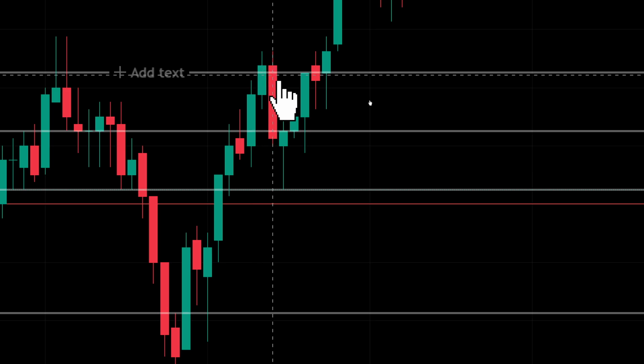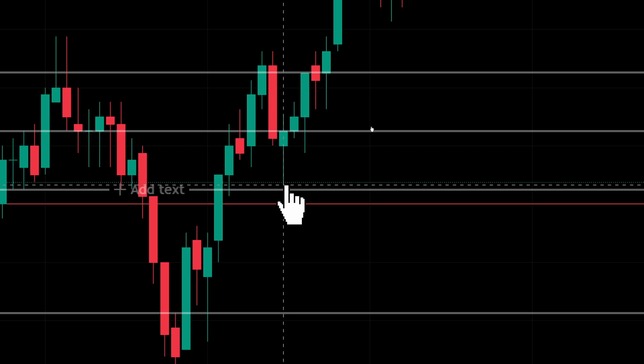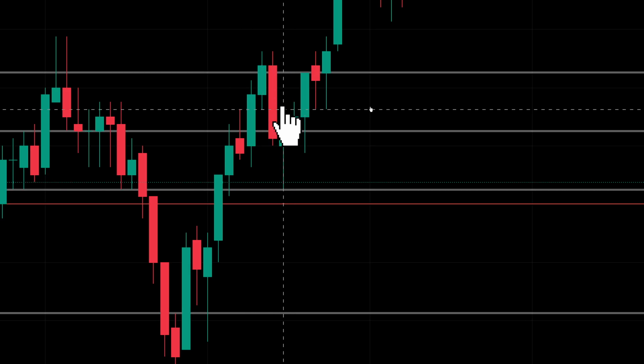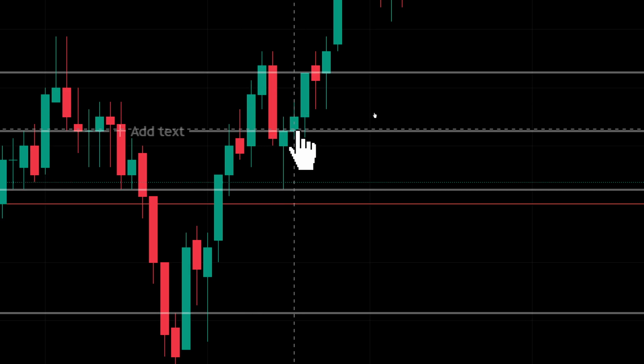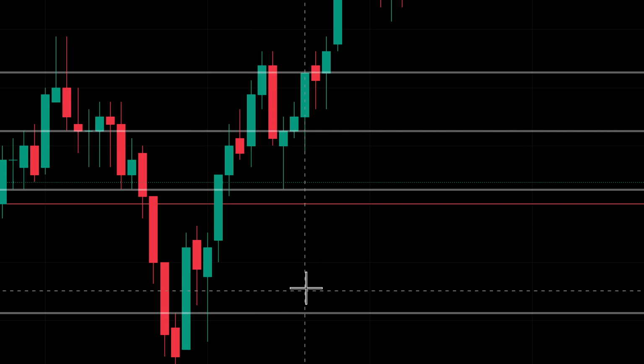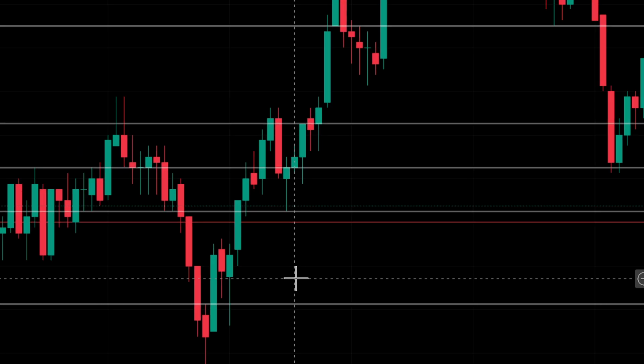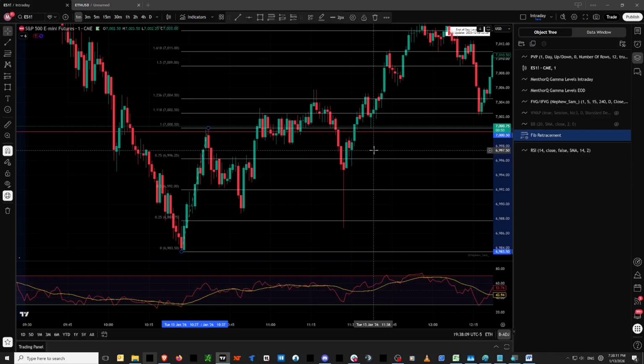Because once I saw this red candle, once I'd hit this 236, I'd have probably gone short, and I'd have probably scratched or maybe made a little bit of money because I would have been expecting it to come back in a little bit deeper. However, let's look at one other thing, though.